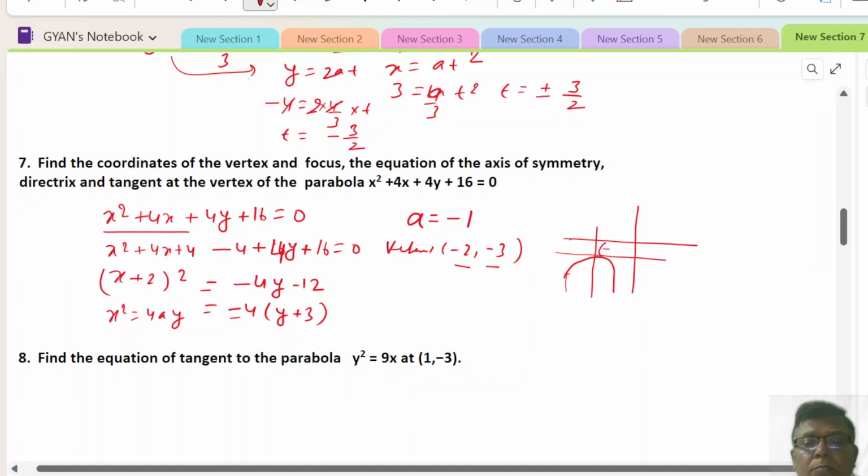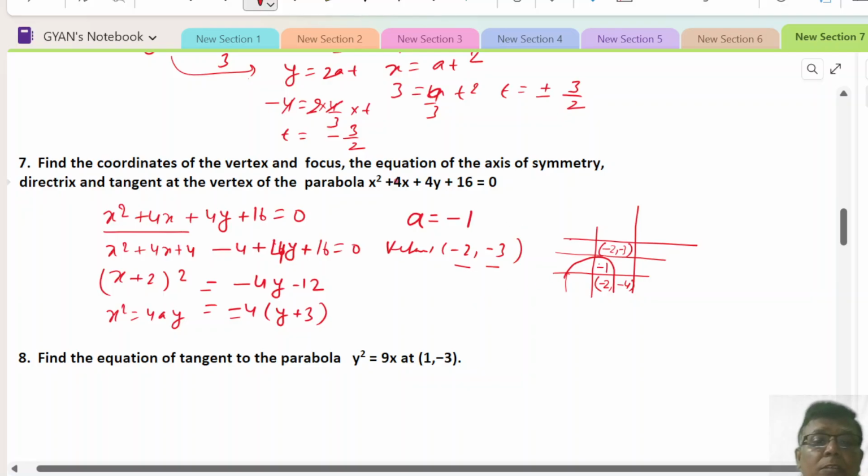This one is minus 2, minus 3 and a is minus 1. So here this y coordinate is minus 3. So here this focus will be minus 2 comma minus 4, because minus 3, minus 1 you add, then it will be minus 2, minus 4.